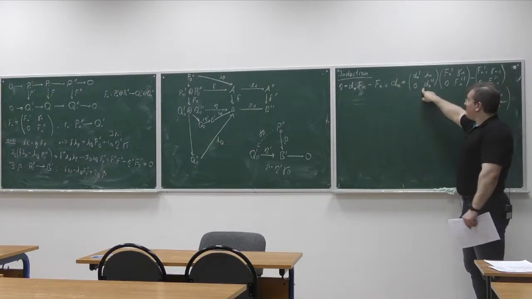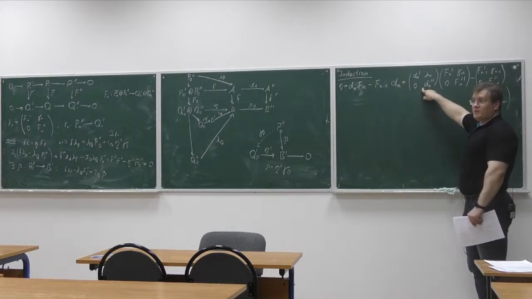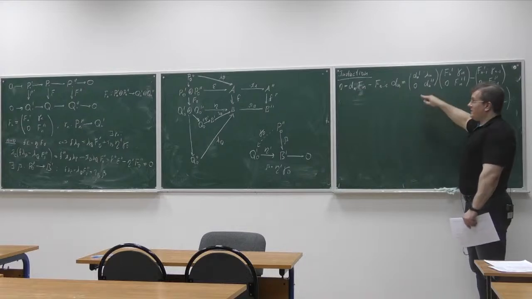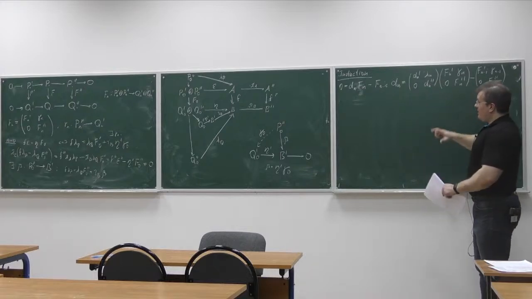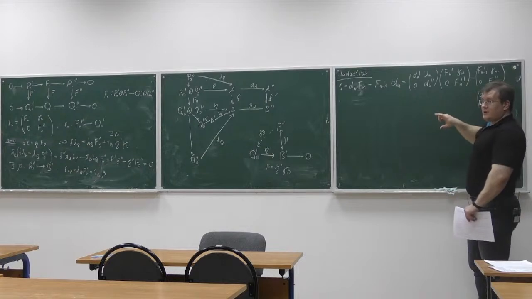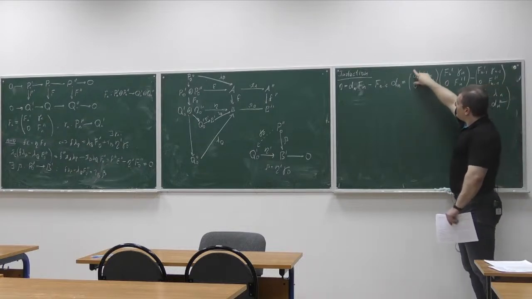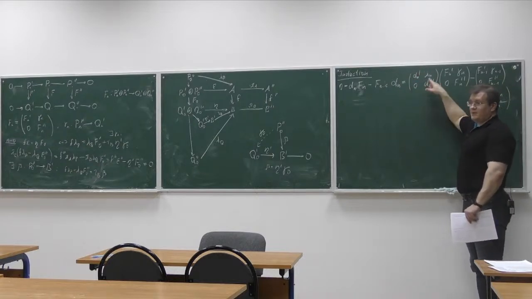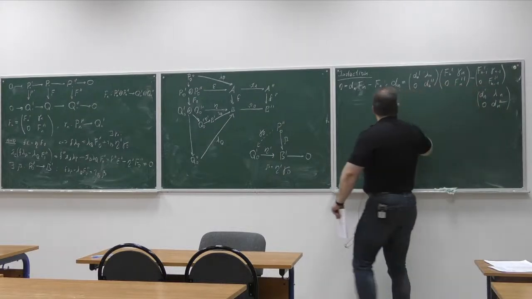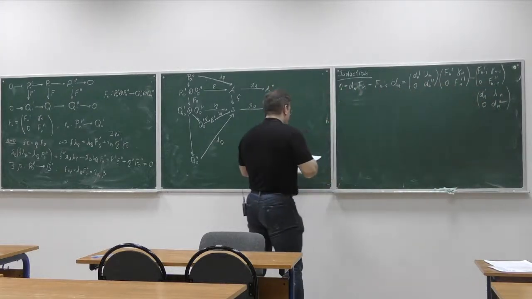The horseshoe lemma implies in particular that the differential has this form by the construction. Because in my construction, I always have the sub-complex. And since this is a sub-complex, the first column is of this form. So the structure of the differential again follows from the horseshoe lemma.